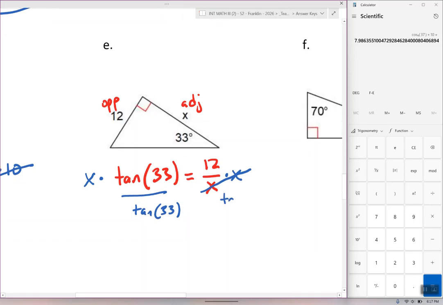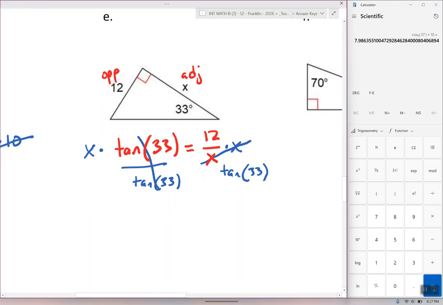essentially we're just switching the tangent and the x. So we have to just divide by 12 divided by the tangent of 33. So I have x equals 12 over tangent of 33.